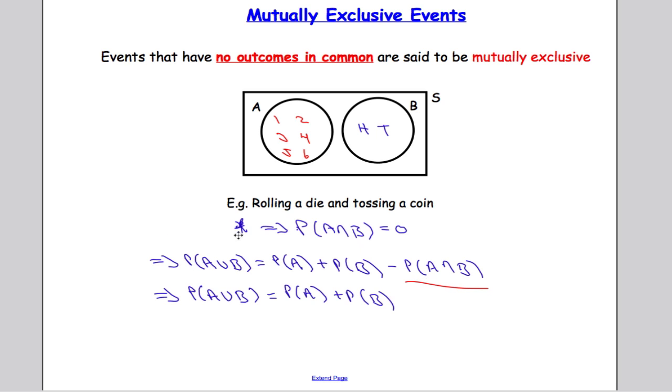So these are our two tests for mutually exclusive events. Either we prove that the probability of A intersection B is 0, or we prove that the probability of A union B is simply the probability of A plus the probability of B. If you can show either of these, that means that the two events are mutually exclusive.